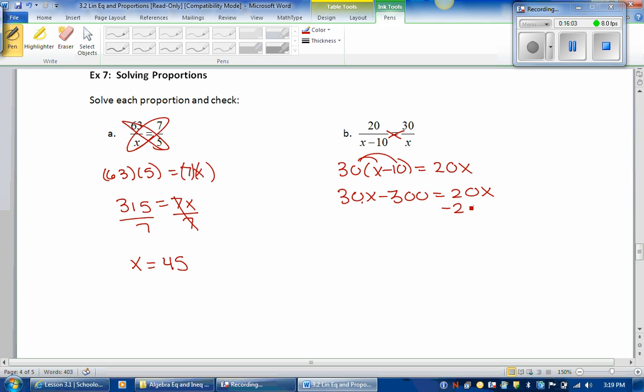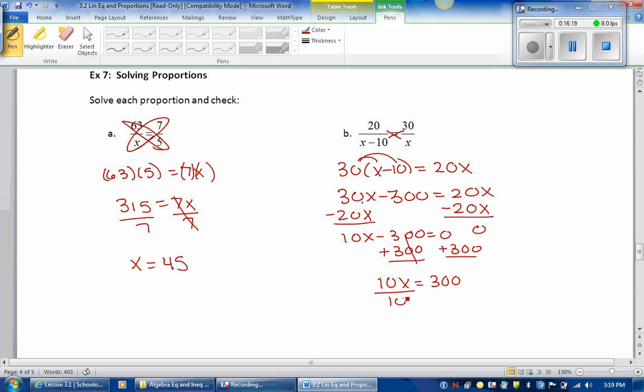I'm going to move the smaller variable term, then move the constant, and then isolate. And that's it.